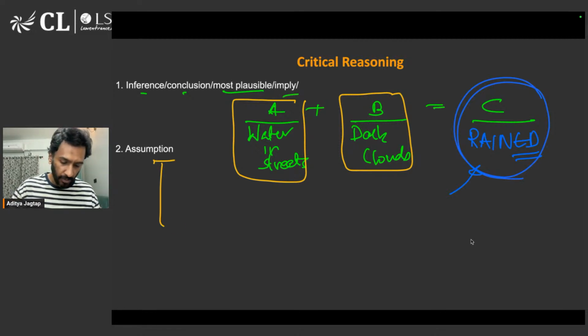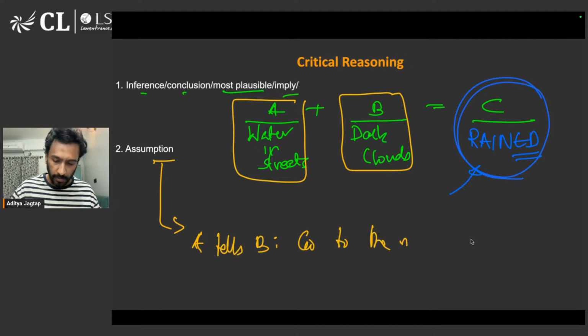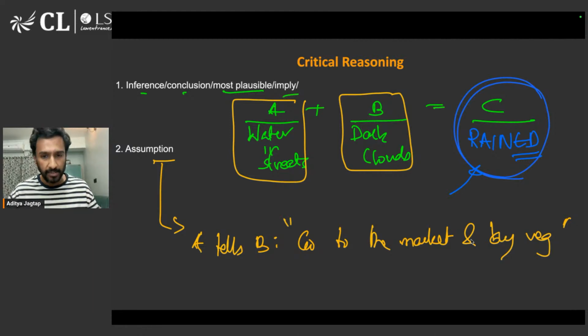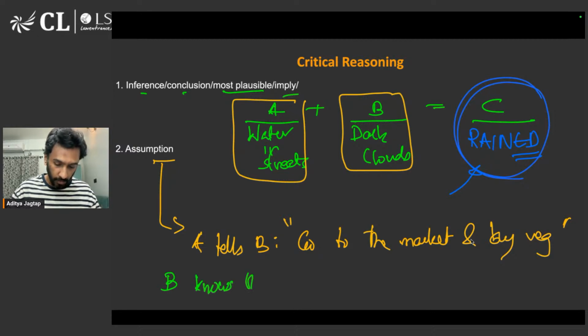An example for assumptions would be A tells B, go to the market, buy vegetables. Now, usually I get time to discuss these really slowly, but I actually want to show you some questions. One of the valid assumptions here would be that B knows the way to the market.